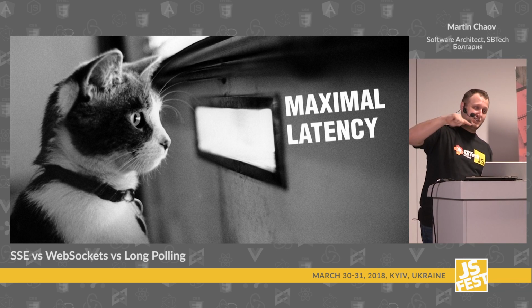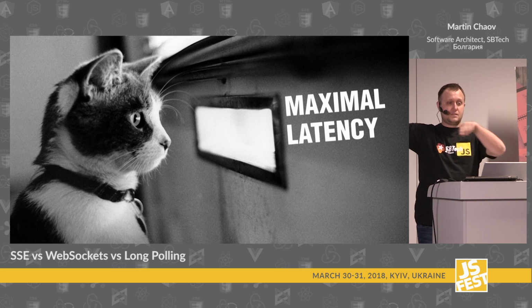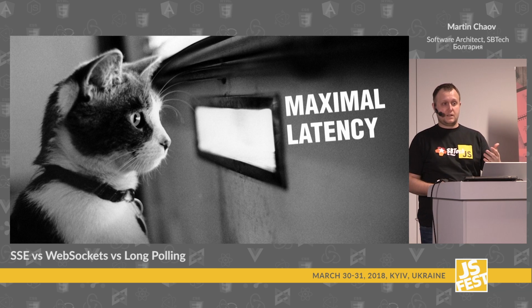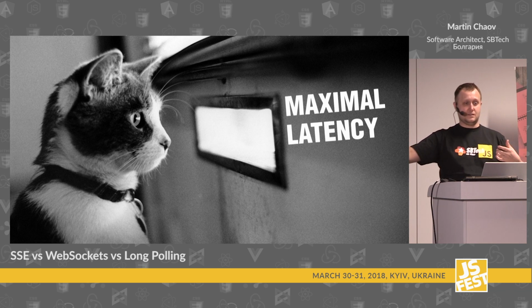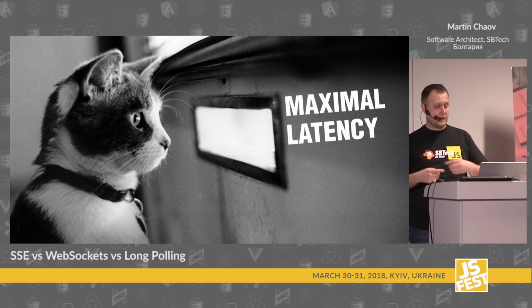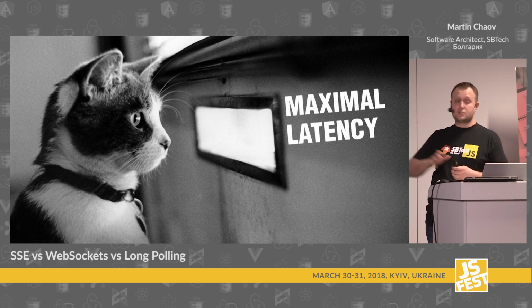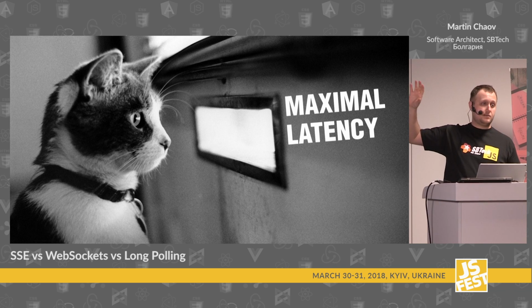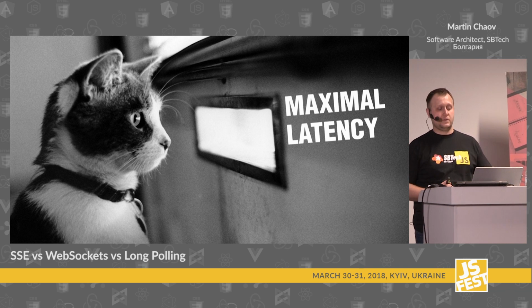So the data tries to reach you, then you're moving to another cell, then the data tries to reach you from another cell, and so on. So when you're in a car moving fast on a highway, this is why you get this poor connection, because the message almost got to you, and then you switch to another cell. So you're starting over. This is true for everything, it doesn't matter with the technology, but with long polling it's the worst, at least from what we observed.